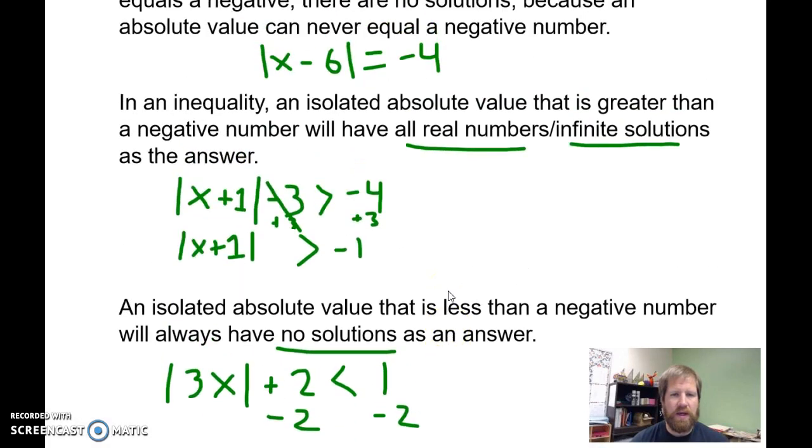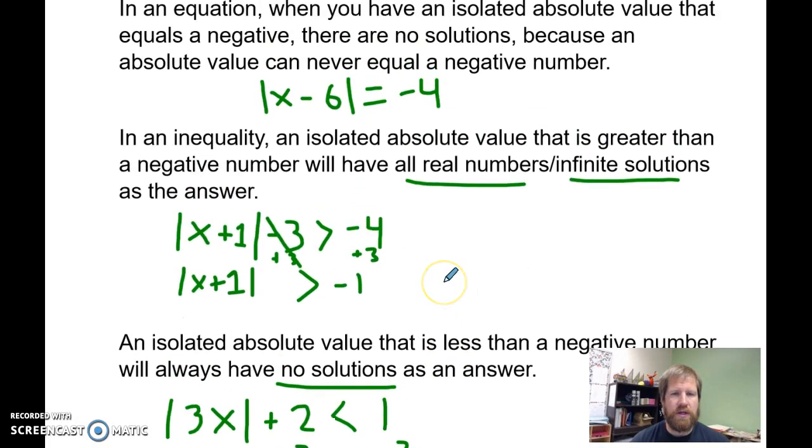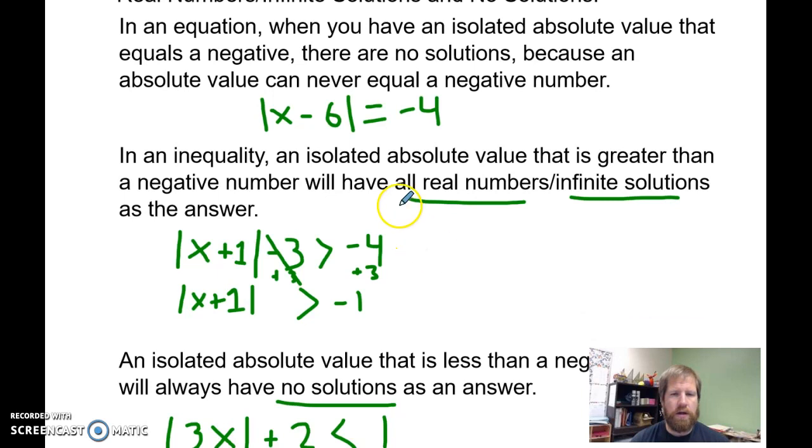One last thing is you need to be careful on your greater than, because it is not necessarily going to be a negative number. It doesn't have to be. It could also be 0.